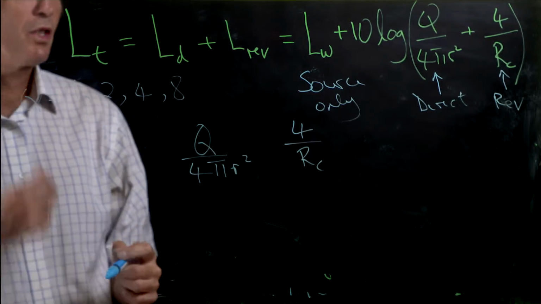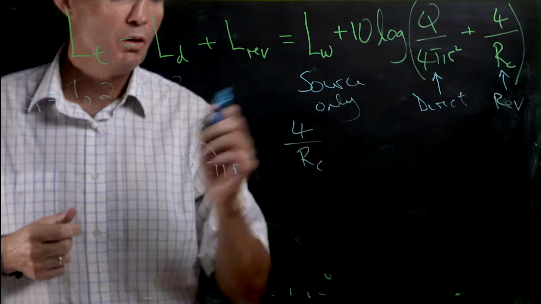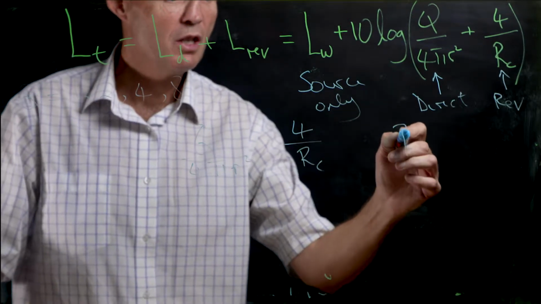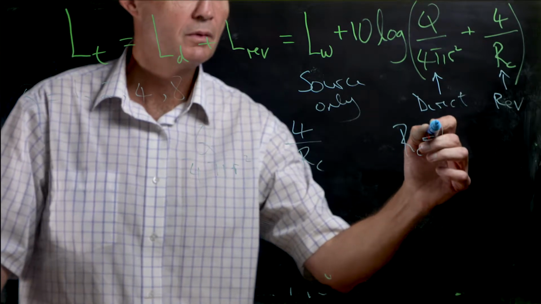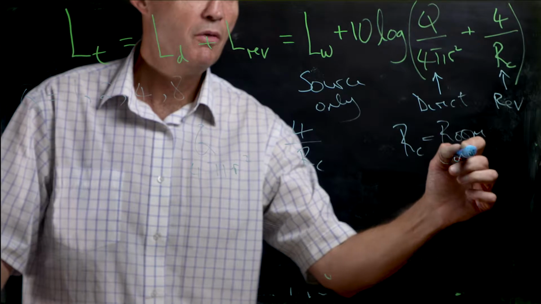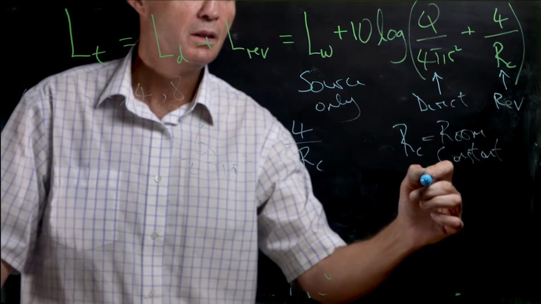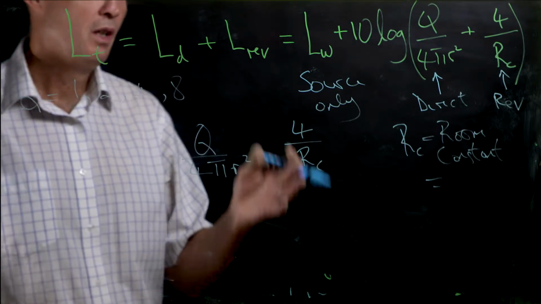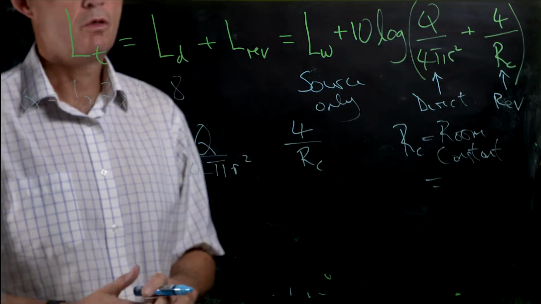The other term is this 4 over RC. Now the 4 over RC term has only one unknown, and it's RC. RC is called the room constant. Bear in mind that this represents the reverberant field, and the reflected field is obviously going to depend upon the characteristics of the surfaces of the room.